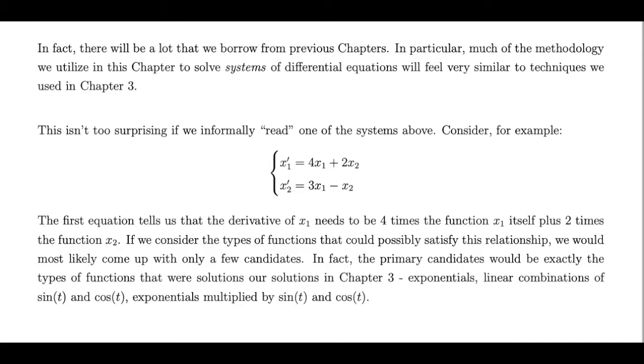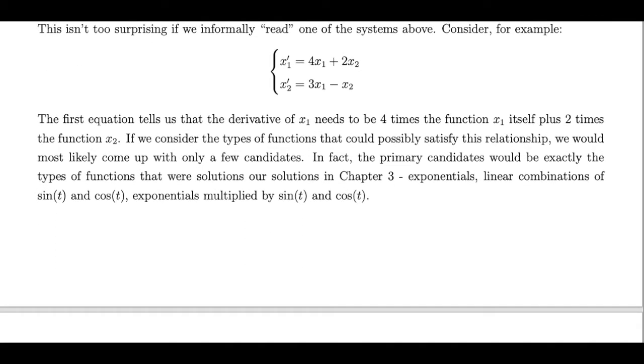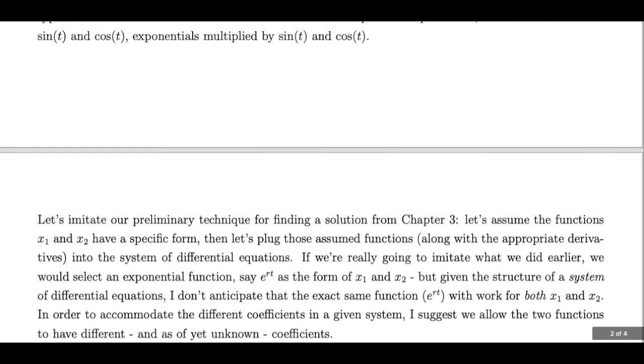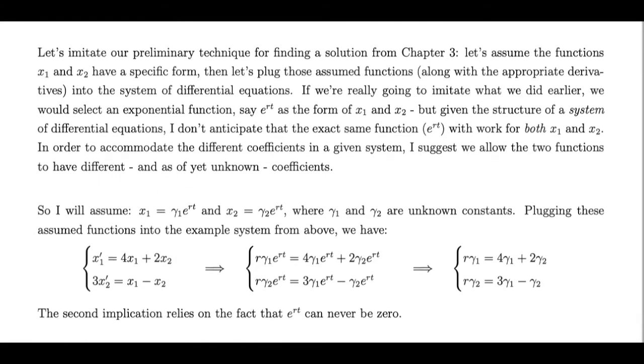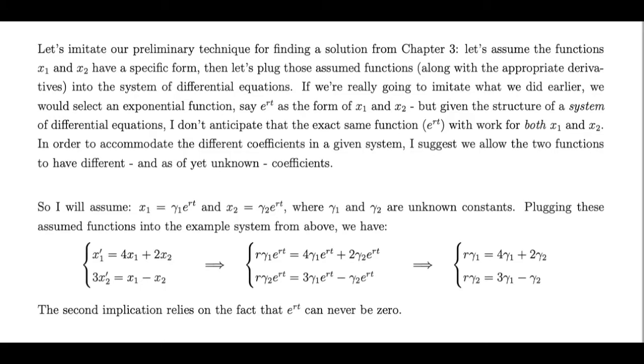So with that in mind, let's do what we did in chapter 3. Let's assume our solutions have a certain form, plug the necessary ingredients into our differential equations, plural, and see if we can make sense of what comes out. I'm going to go full chapter 3 here and assume that both functions x1 and x2 have the form e to the rt.